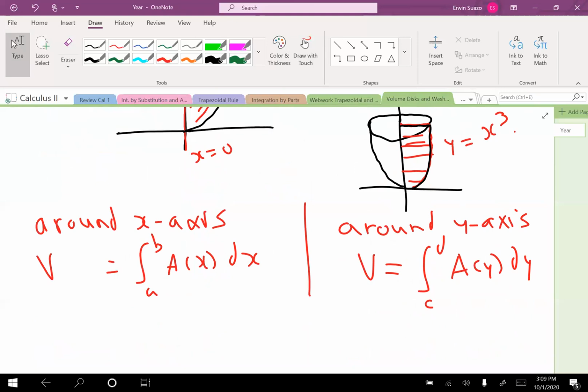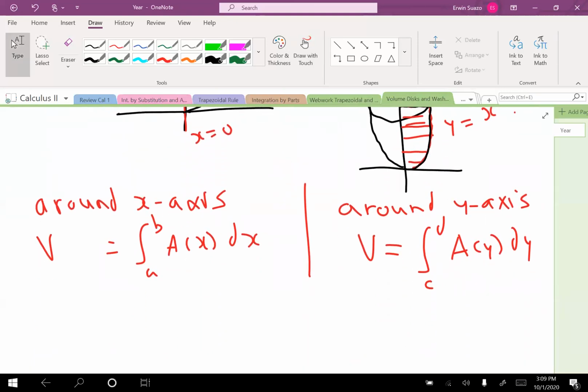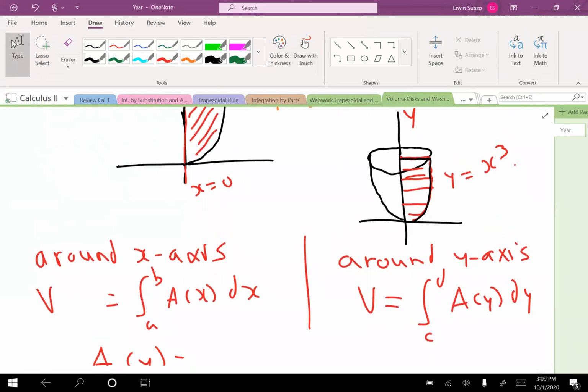So I need to find f of y. In this case, I'm going to change my axis. So A of y has to be the area, right? You make the slice, you make the cut. This time the cut is horizontal, not vertical.